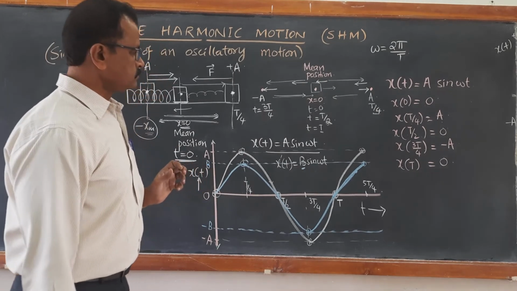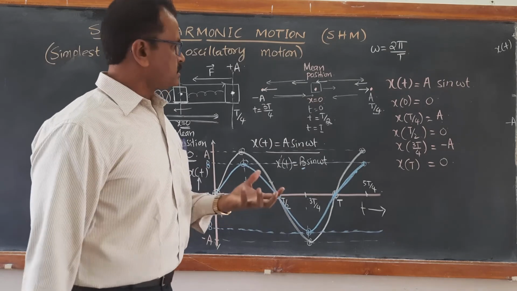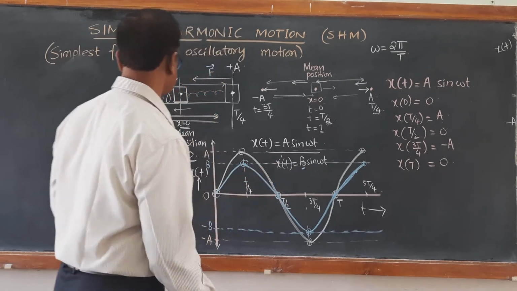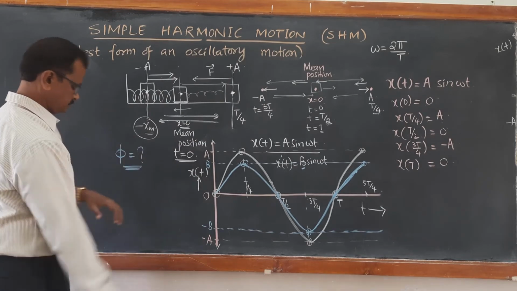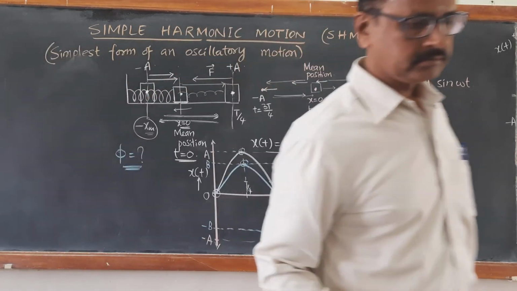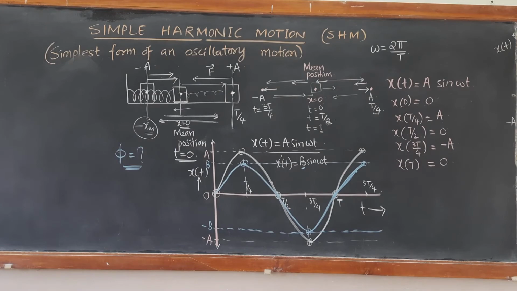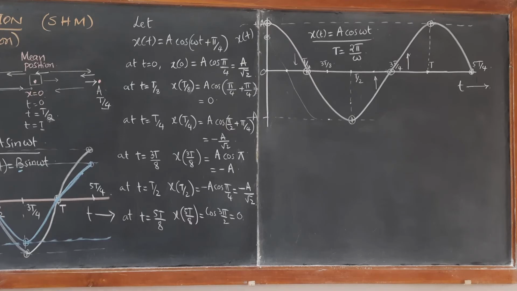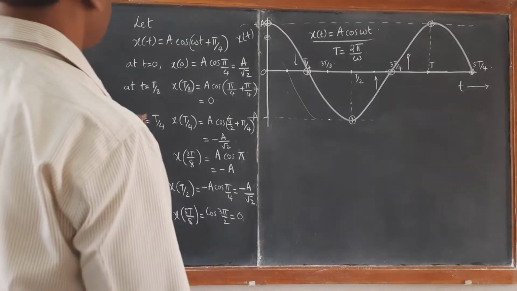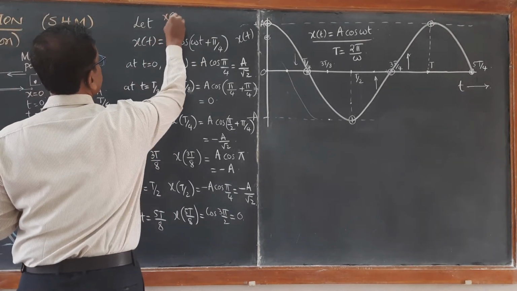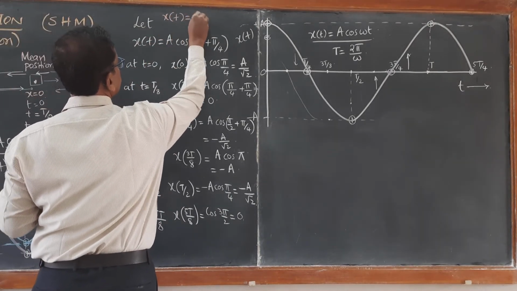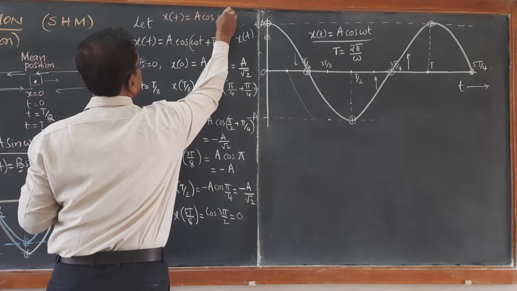Okay. Now I will explain what is the meaning of phase. Initial phase, phi, is equal to what? Now let us understand the meaning of phase. This is of the form x(t) equal to A cos(omega t plus phi).